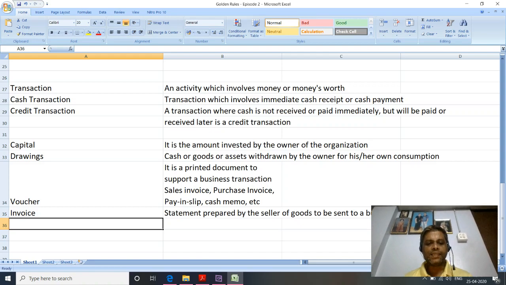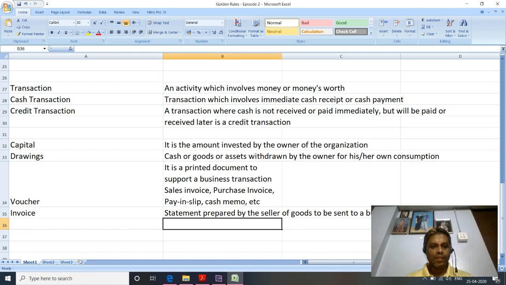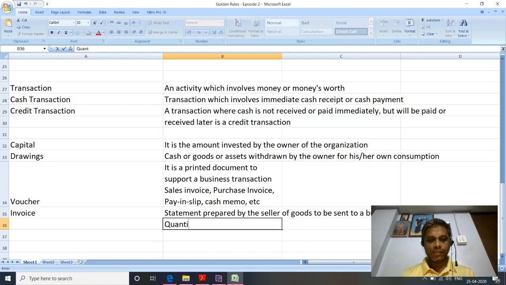Then the question comes in: is any statement prepared by the seller an invoice? No. An invoice should also contain quantity, rate, value, discounts, and also the net amount to be paid by the buyer to the seller.